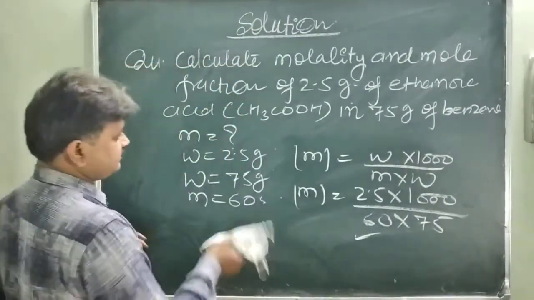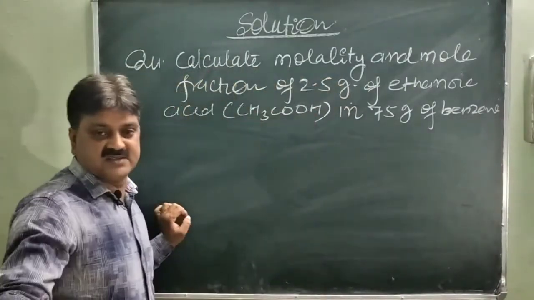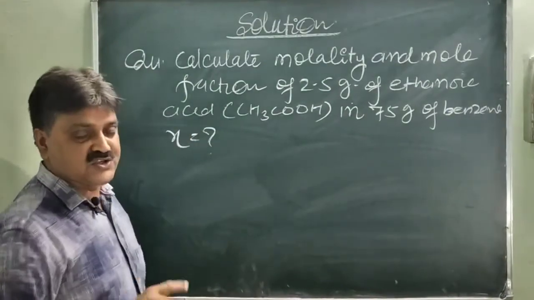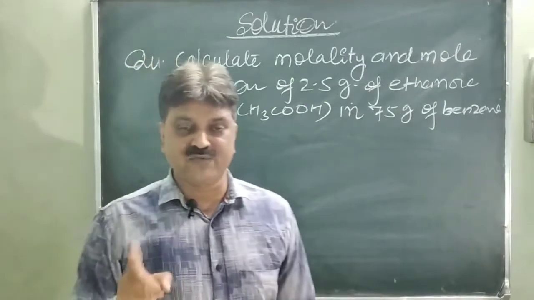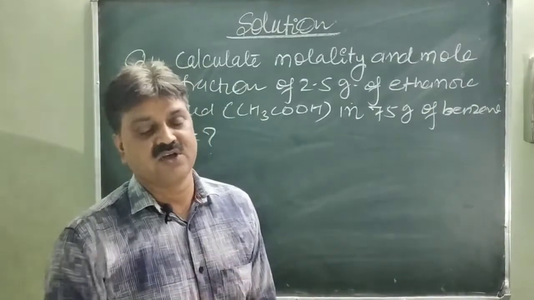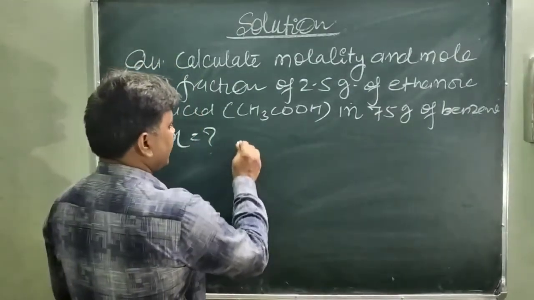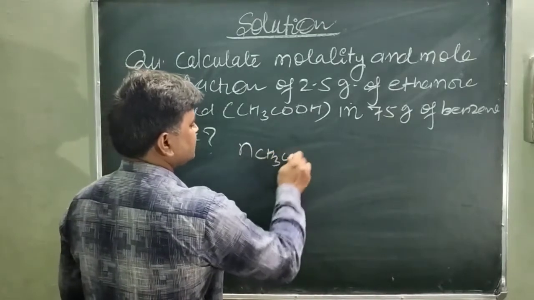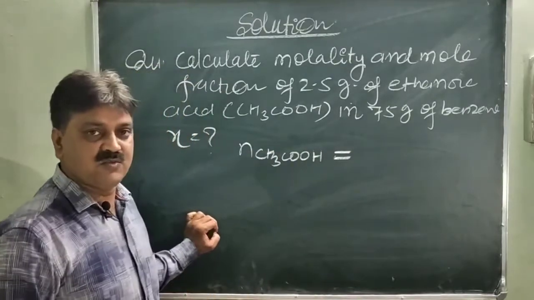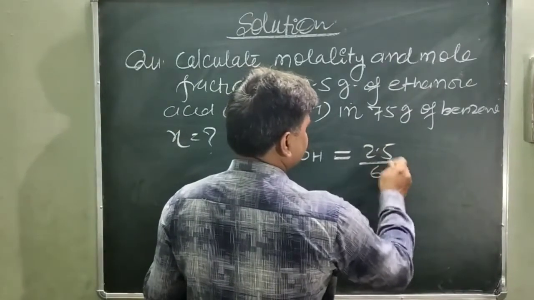Next we are going to calculate the mole fractions. What is mole fraction? It is denoted by X. Mole fraction is the ratio of the number of moles of one component to the total number of moles of all components of the solution. There are two components here, solute and solvent. The number of moles of acetic acid, CH3COOH, is given mass upon molar mass: 2.5 upon 60.